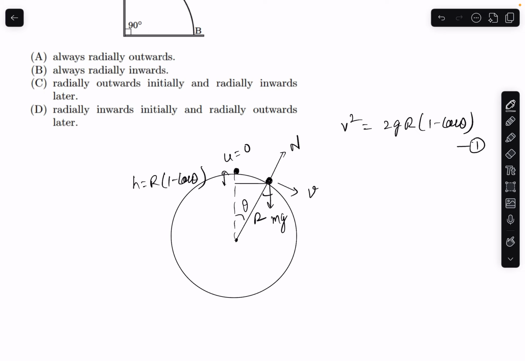And if this angle is also theta, the component of mg in the radial direction towards the center will be mg cos theta. So if we write the equation of centripetal force at this instant, the centripetal force is the force towards the center, so this will be mg cos theta minus N, and this should be equated to mv square by r.